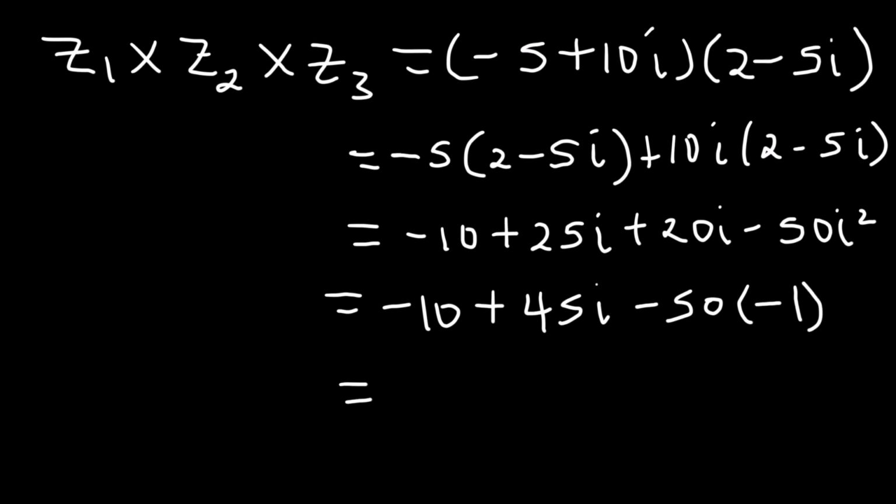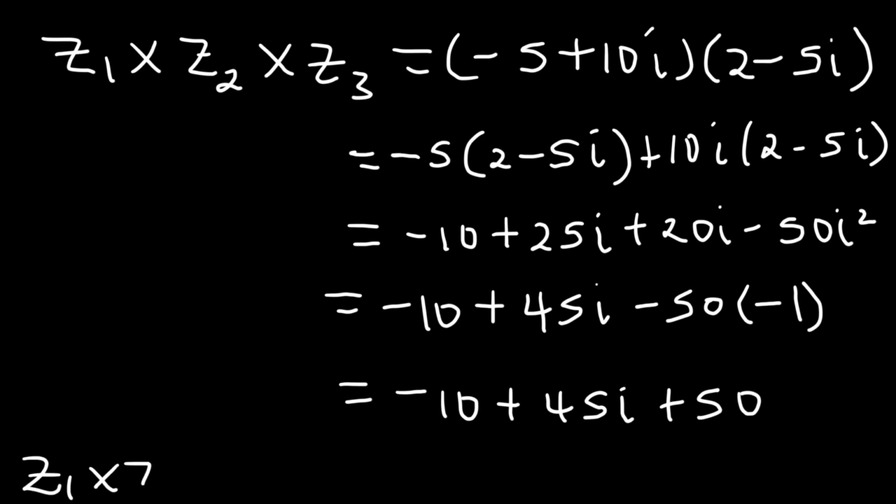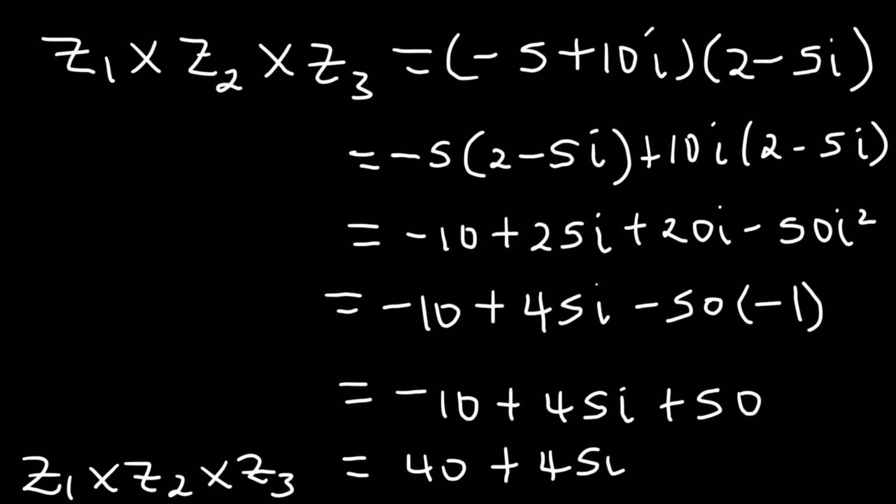This will be equal to negative 10 plus 45i, and then negative 50 times negative 1, which is plus 50. And so z1 times z2 and then times z3 will be equal to negative 10 plus 50, which is positive 40, and then plus 45i.